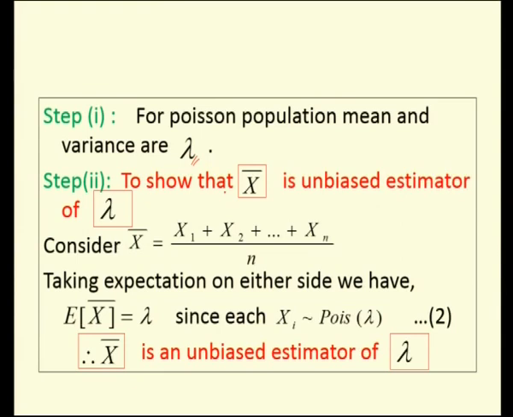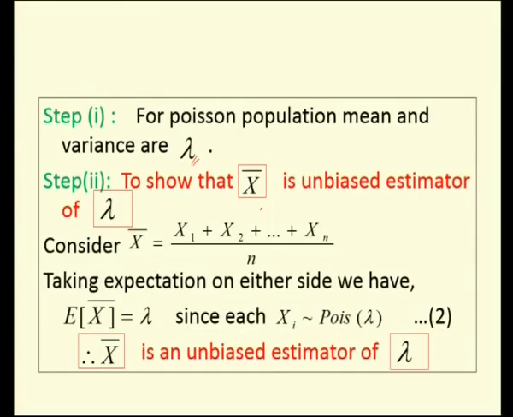See here, I have to utilize the method of minimum variance unbiased estimator. So, it says that first the estimator has to be unbiased, and for the unbiased estimator I have to find out the minimum variance. So, first I have to show that x bar is an unbiased estimator of lambda. If it is so, then only I can go for the other step.